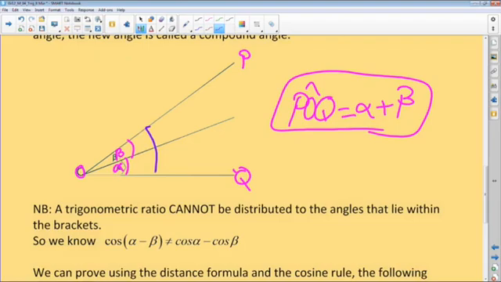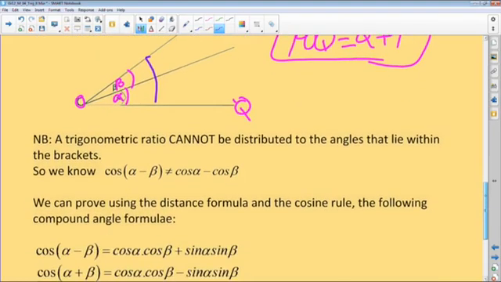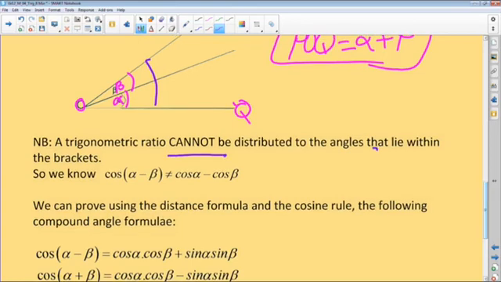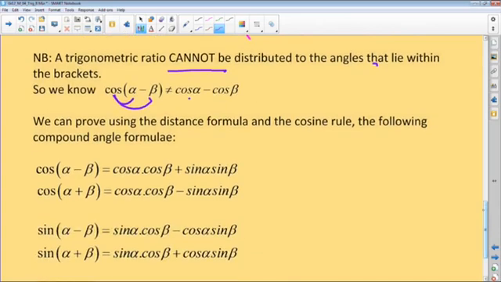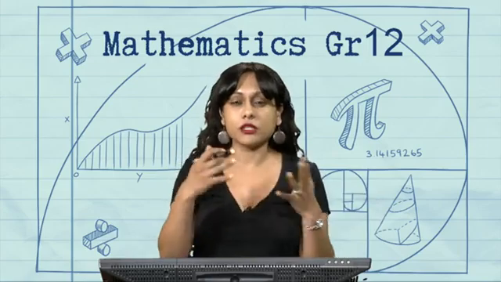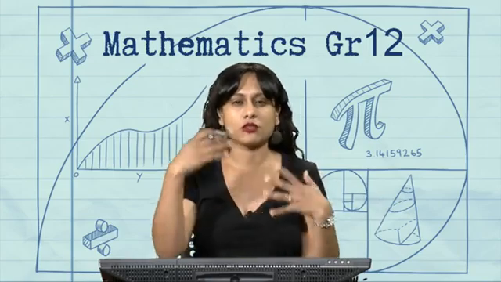All right? What we saw from the example we did is that a trigonometric ratio cannot be distributed to the angles that lie within the brackets. So we know that we cannot say that cos of alpha minus beta is the same as cos alpha minus cos beta. So there must be a way that we can expand that, because imagine if you had to draw 90 degrees each time for compound angles.